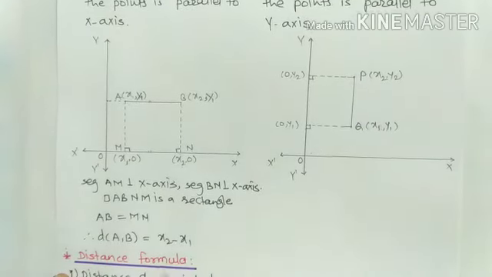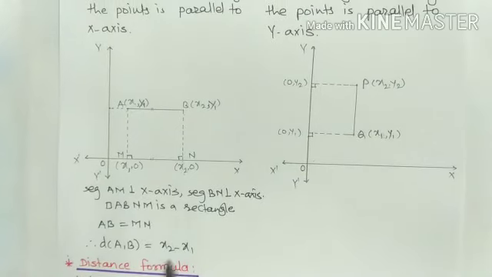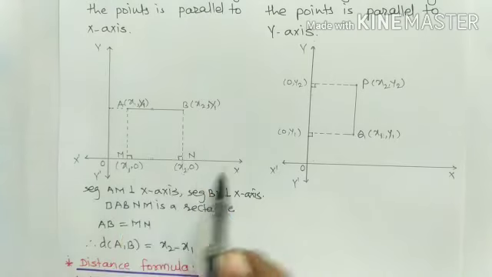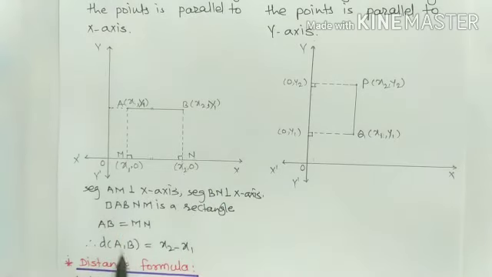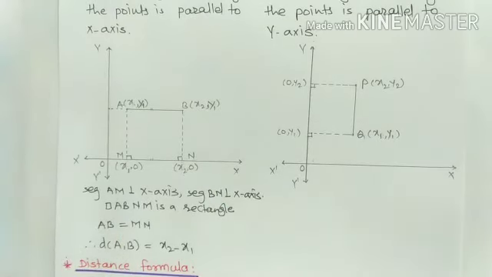In this way we find the distance between the two points if the segment joining these two points is parallel to the x-axis, which equals x2 minus x1.